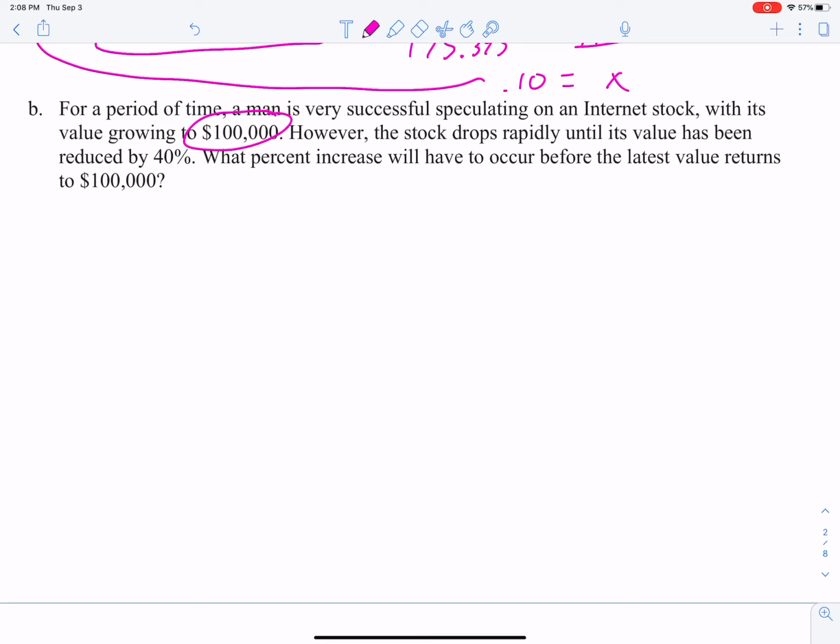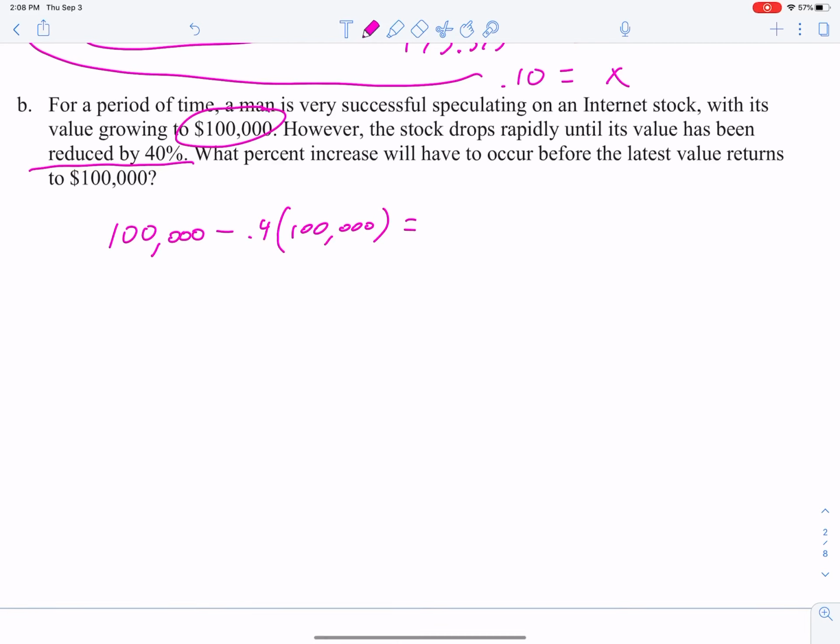All right, so let's see. So he has $100,000, and it gets reduced by 40%. Reduced means subtract, right? So reduced by 40%, what they're saying is 40% of this original 100,000. So we'll say reduced by 0.4, that's 40%, of the original $100,000.